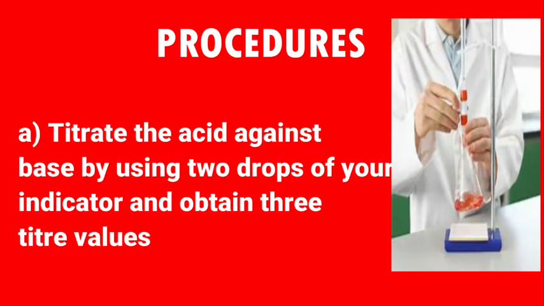So you titrate the acid solution E against the base solution F by using 2 drops of your indicator methyl orange to get the titre values. Questions: after seeing the procedure, performing titration.